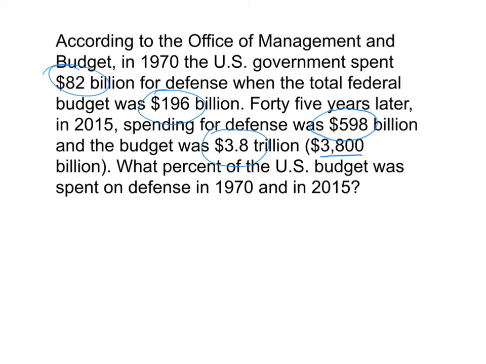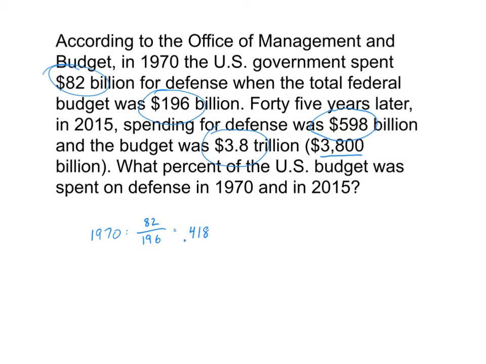So we need to convert these amounts to percent. For 1970, I'm going to take the defense budget, and I want to write that 82 billion part over the total 196 billion, and then I'm going to punch that right into my calculator. 82 over 196 is equal to 0.4183, etc. So 0.418.